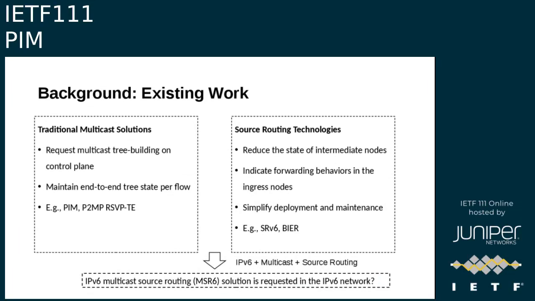Okay, so let's go back to the existing network. We know PIM is the traditional multicast solution. It requires the multicast tree, which is built on a control plane. And there are some new source routing based solutions, such as BIER. It reduces the state of the nodes, and it can simplify deployment and maintenance.